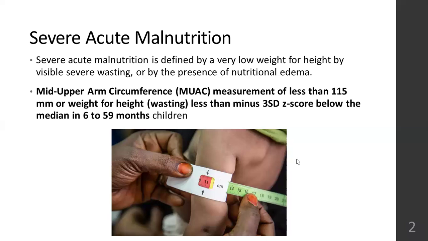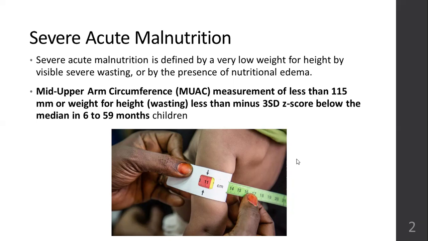Place the tape around the circumference of the arm and measure it. What is the circumference of the arm? It should be more than 11.5 centimeters. If it is less than 11.5 centimeters, it means the child is suffering from malnutrition. Wasting has begun. The child is malnourished.